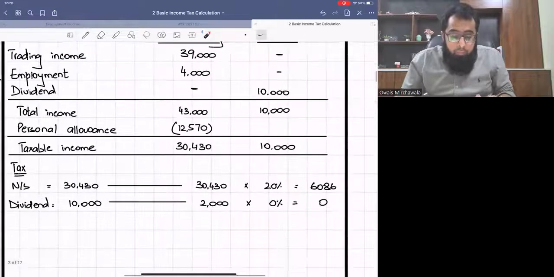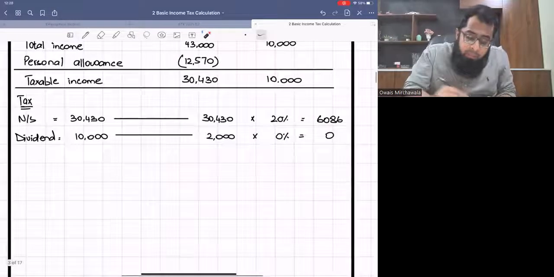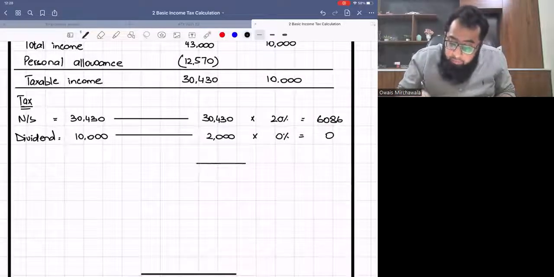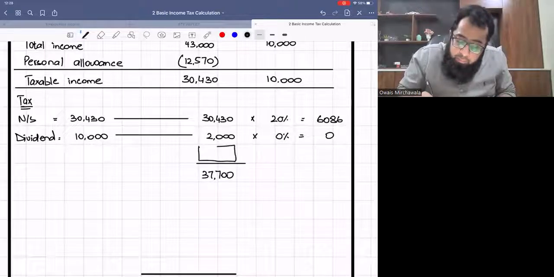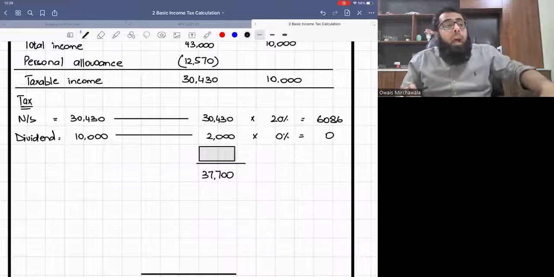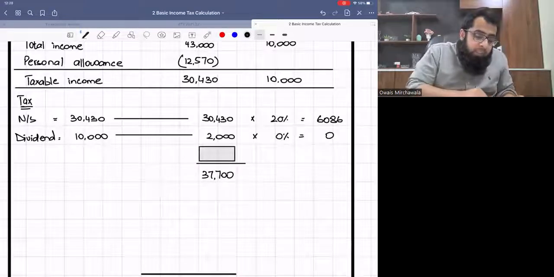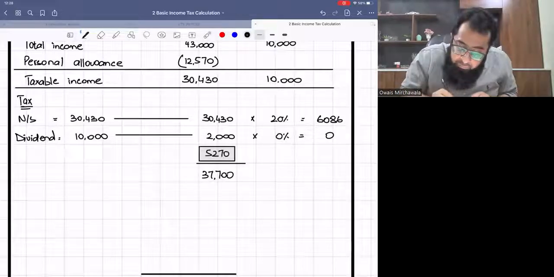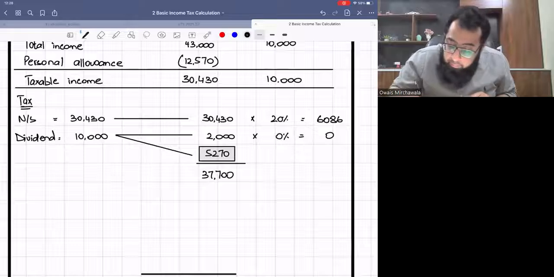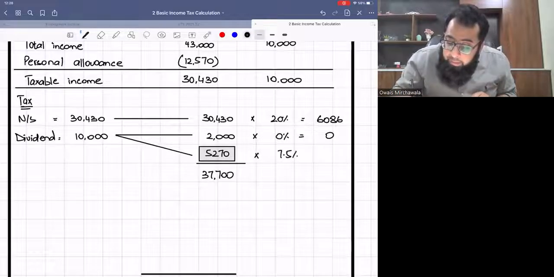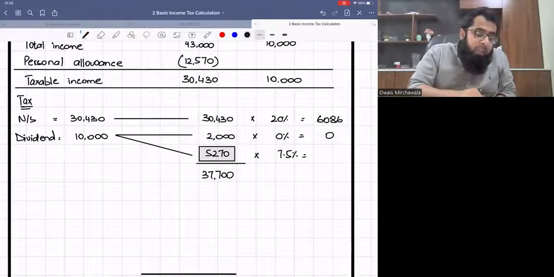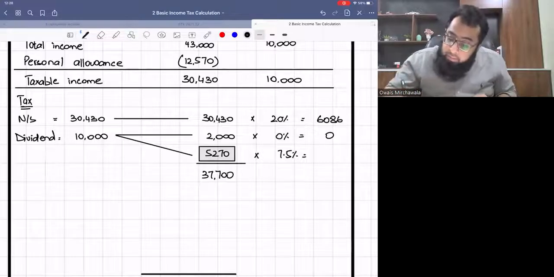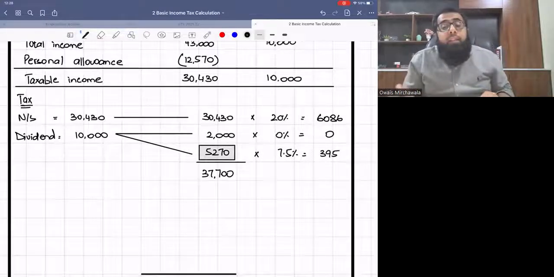In the basic rate band, which is still 37,700, how much amount is remaining? 37,700 minus 30,430 minus 2,000. 5,270 is remaining. In the basic rate band, the dividend income is taxed at 7.5%. So this gives us 395.